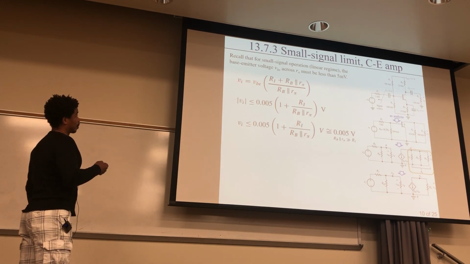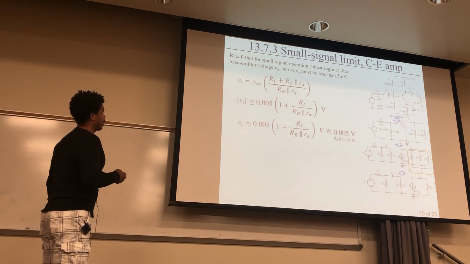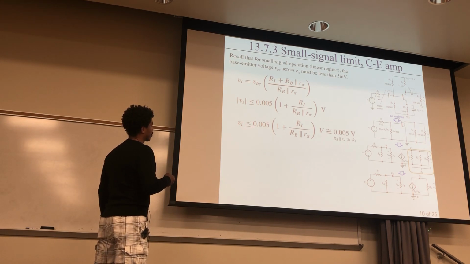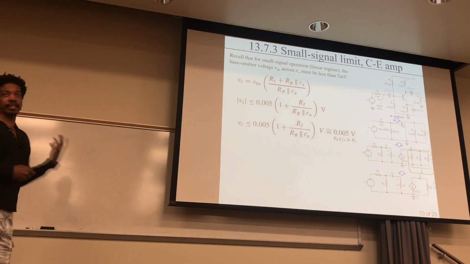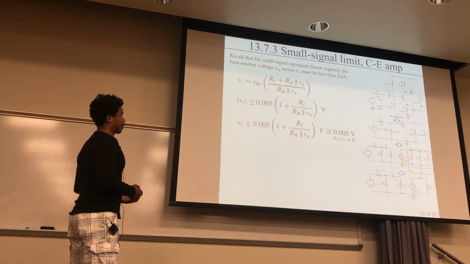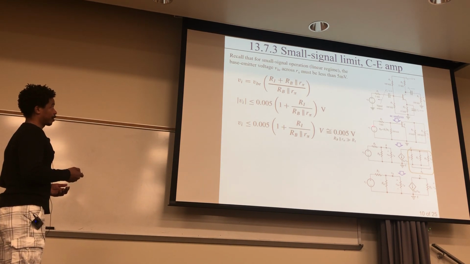So if that's the case, we're going to plug in the 5 milli right here, and that means your voltage input has to be less than or equal to this right here. Okay, and so that's for your small signal limit to be in a linear regime. You can put in more, but then it becomes nonlinear after that. And that's for your input voltage.